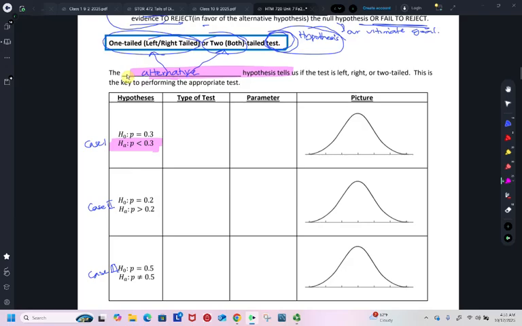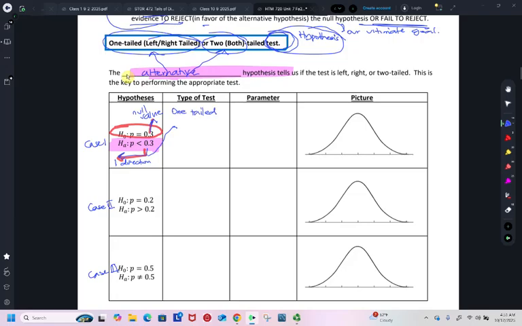If it is no longer at the level of the status quo, that is, the population proportion equals 0.3, the only other direction it could go is lower than the null value. And if it can only go lower, that means it's going in only one direction. This is an example of a one-tailed test.